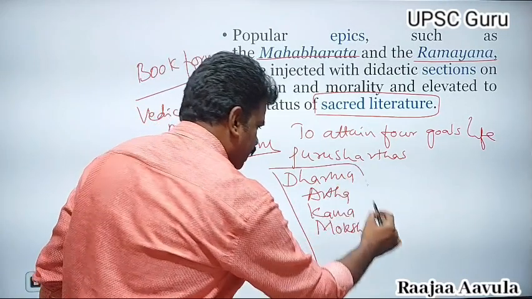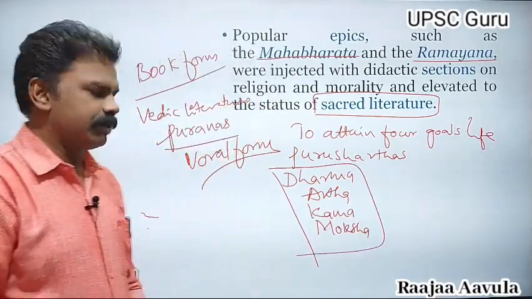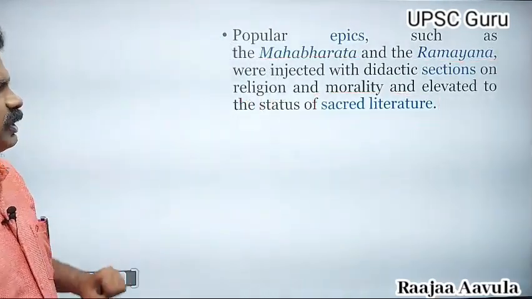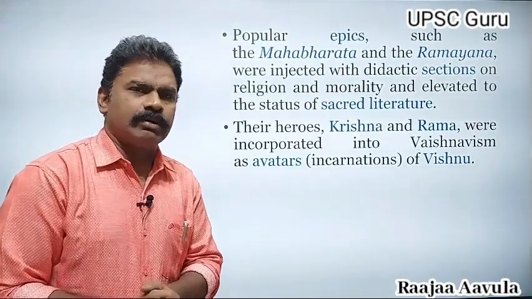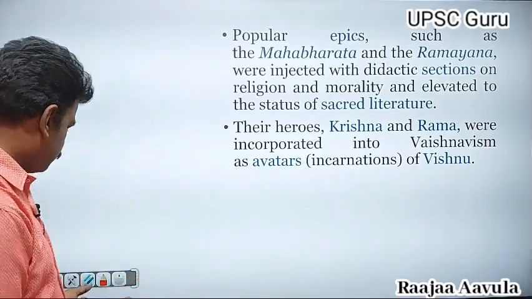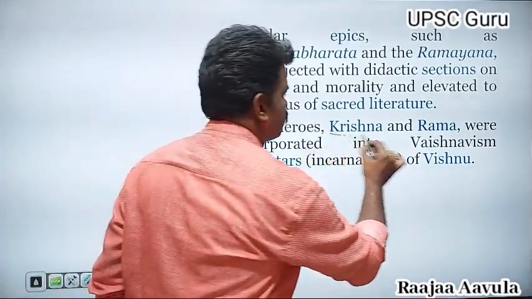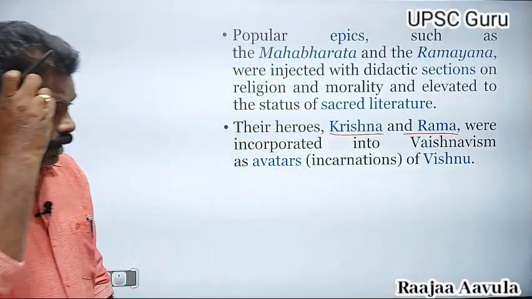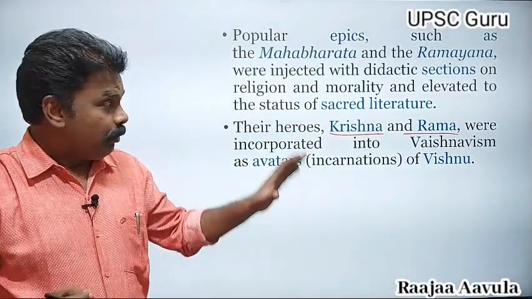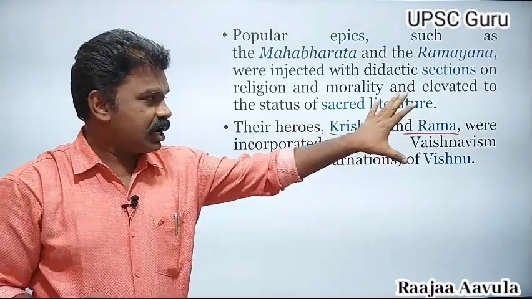These four goals became very popular during the Gupta period. And the heroes of the epics, Krishna and Rama: Krishna was the hero of the Mahabharata, and Rama was the hero of the Ramayana. People started to worship Krishna and Rama.